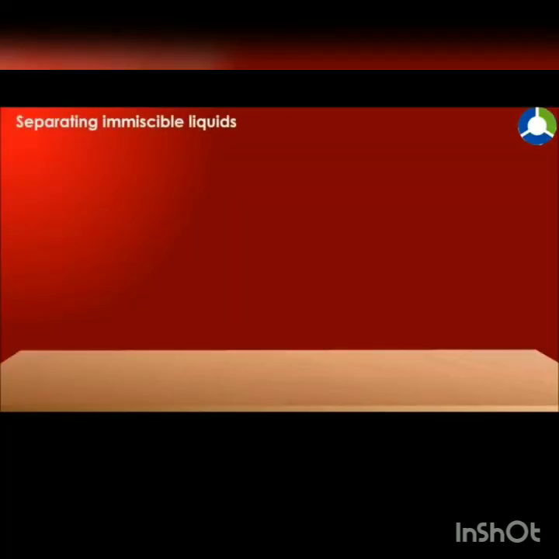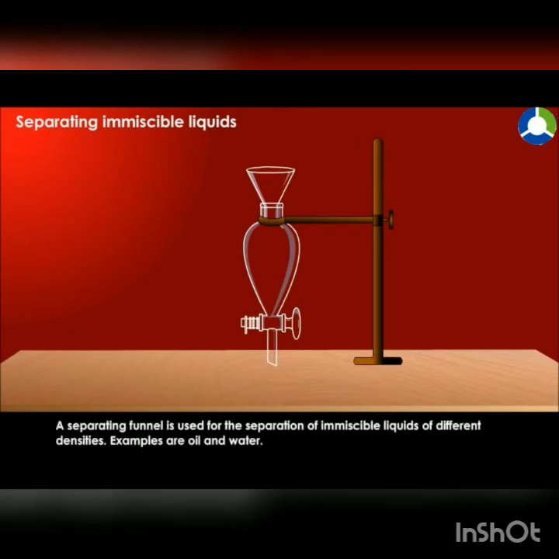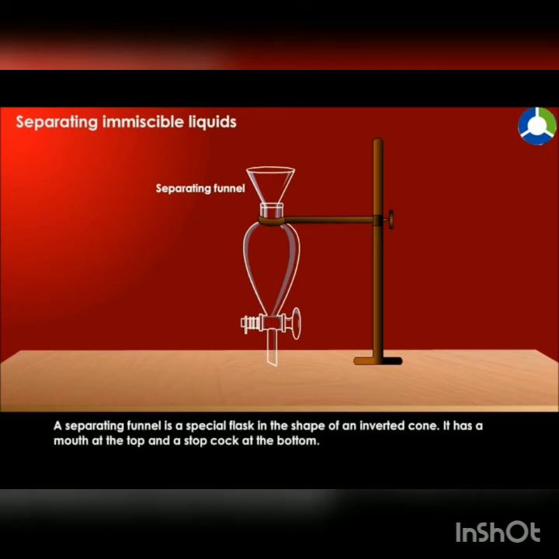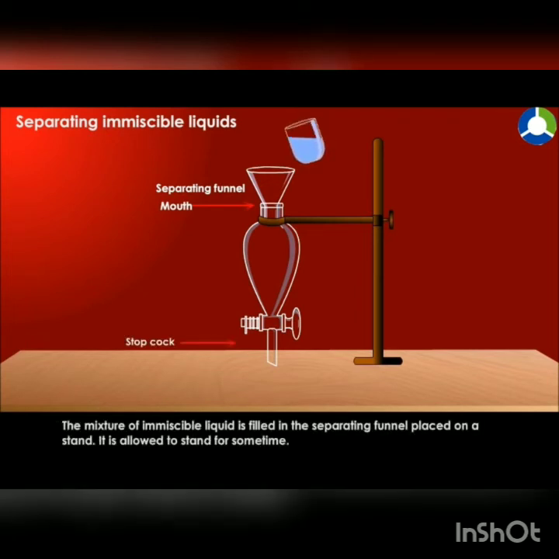Separating immiscible liquids. A separating funnel is used for the separation of immiscible liquids of different densities. Examples are oil and water. A separating funnel is a special flask in the shape of an inverted cone. It has a mouth at the top and a stopcock at the bottom. The mixture of immiscible liquids is filled in the separating funnel placed on a stand.